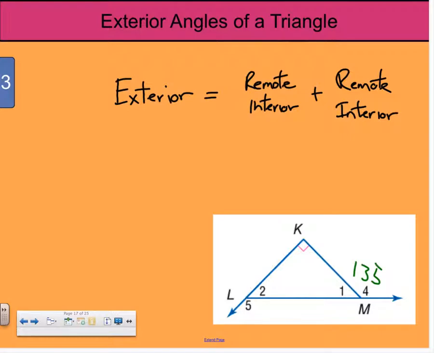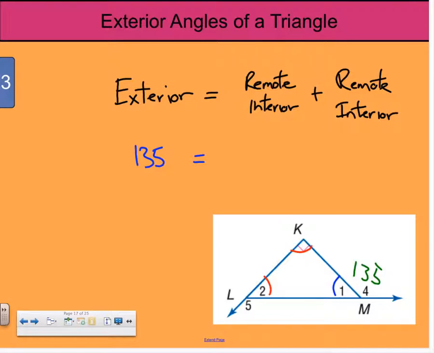So angle 1 would be an adjacent interior. Angle 2 is going to be a remote interior, and this 90-degree angle is also a remote interior. So this equation is saying that our exterior angle of 135 will equal the other two angles added together.